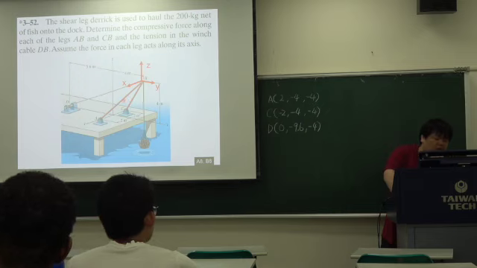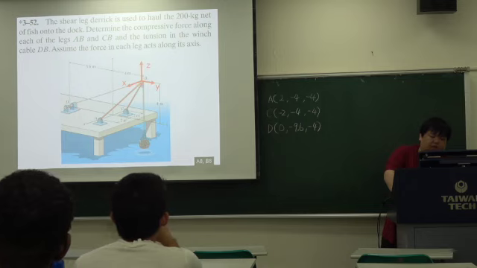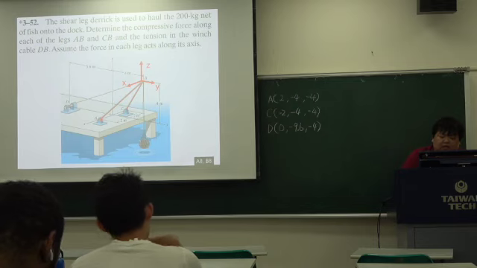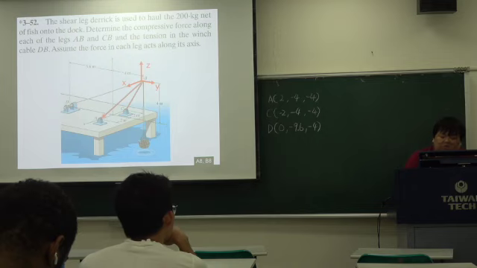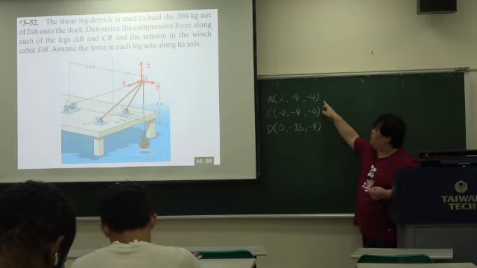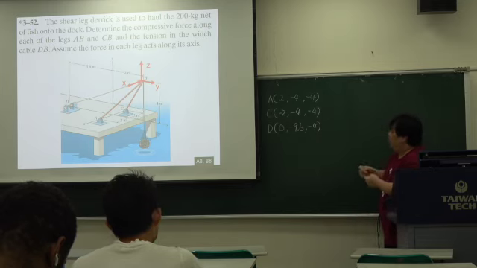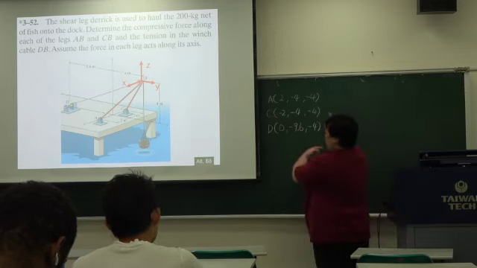If the AB is tension, it means the force direction is from B to A. So this vector I think is correct. But if the force is a compressive force, the force direction is from A to B. So this vector maybe needs to be multiplied by -1 to change the direction.